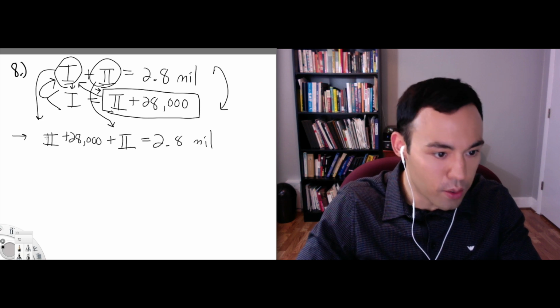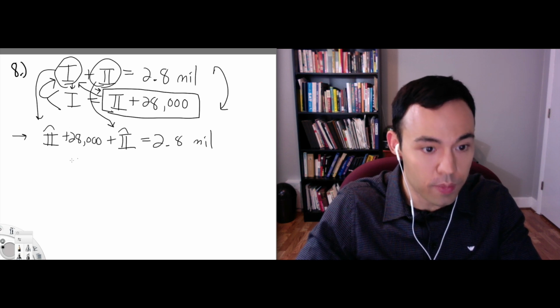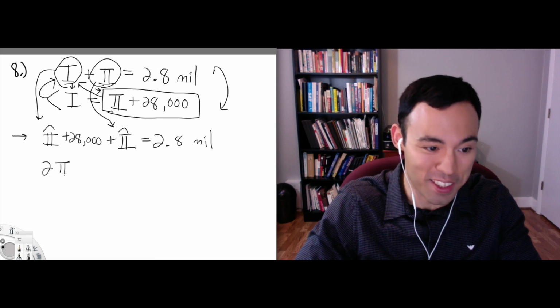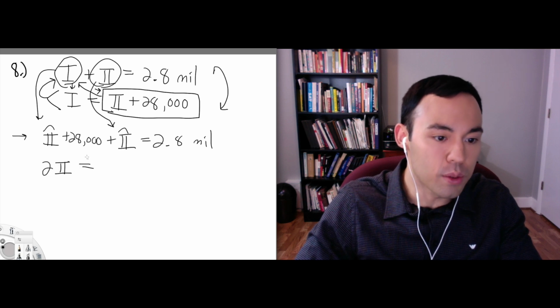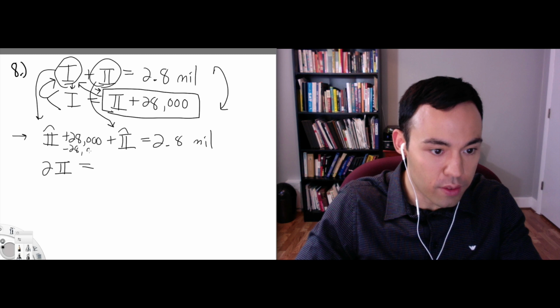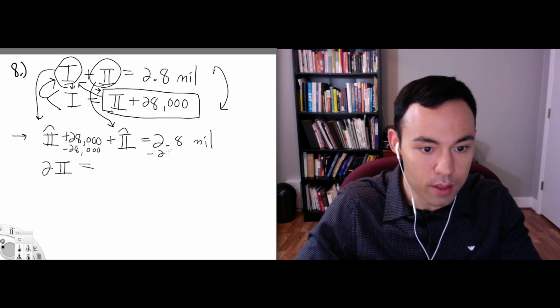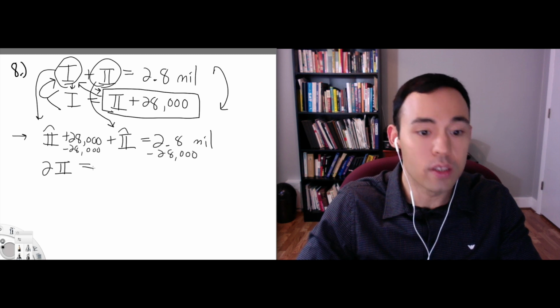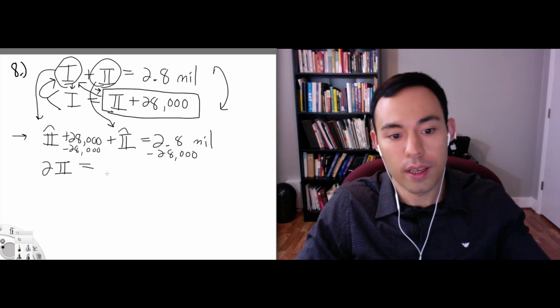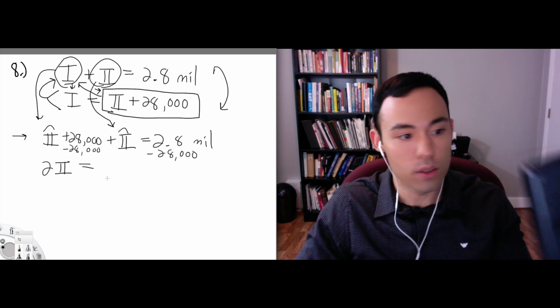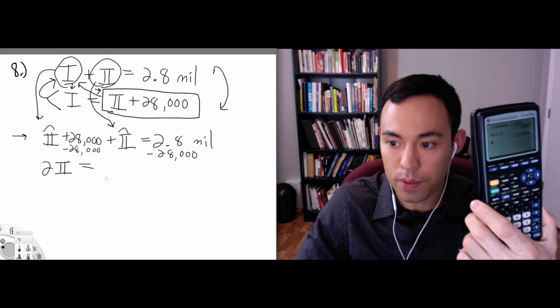All right, and so we combine like terms. That is 2 times candidate 2 equals, I'm going to subtract off this 28,000, so 2.8 million minus 28,000. If you need, go ahead and go to here. I already plugged in the relevant numbers.